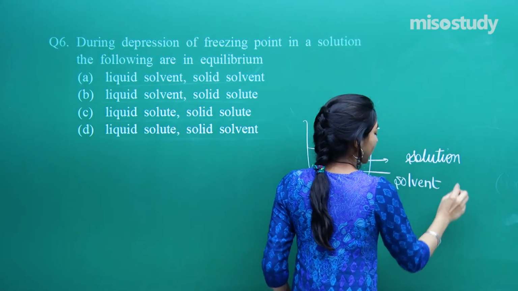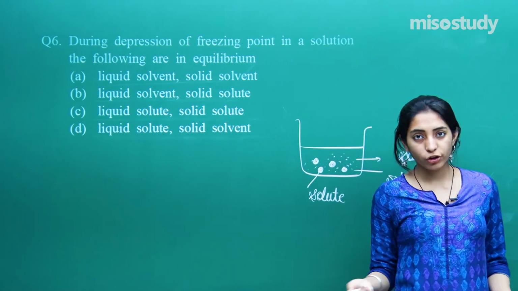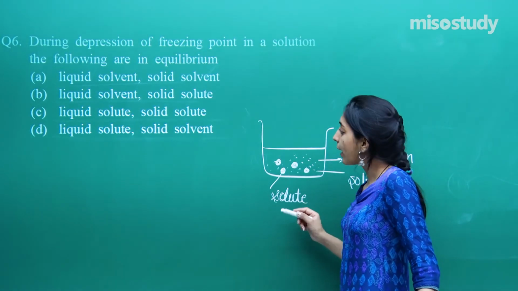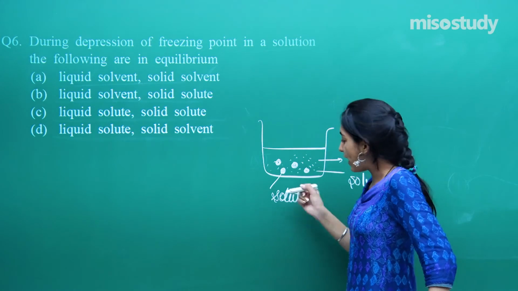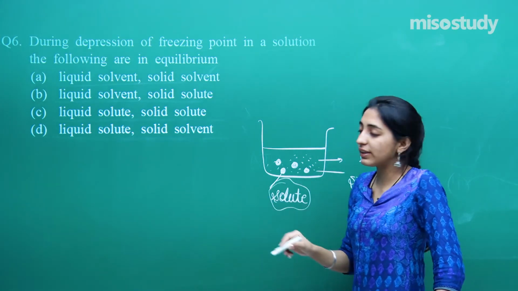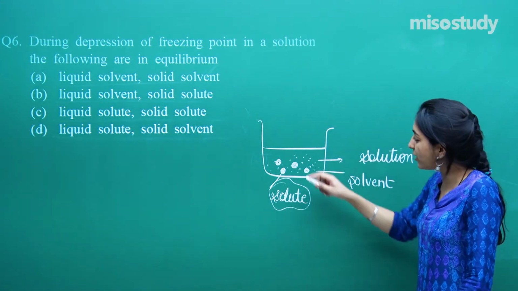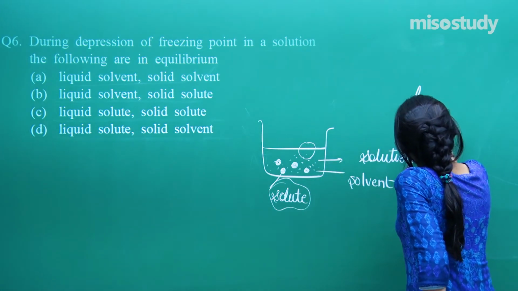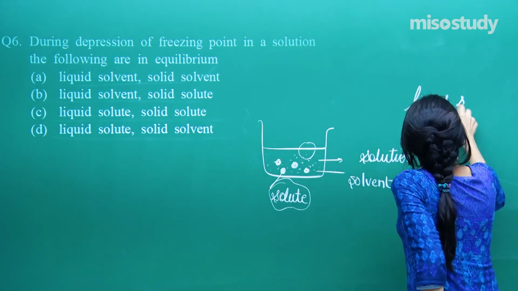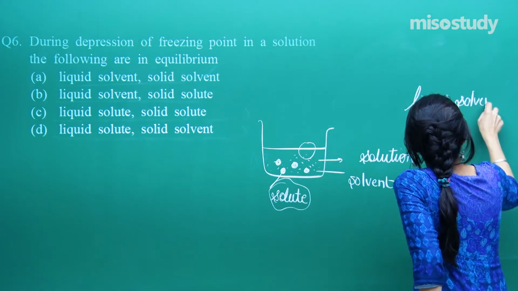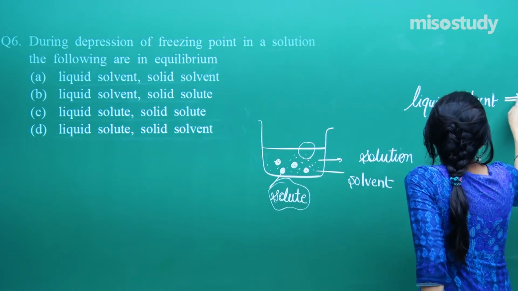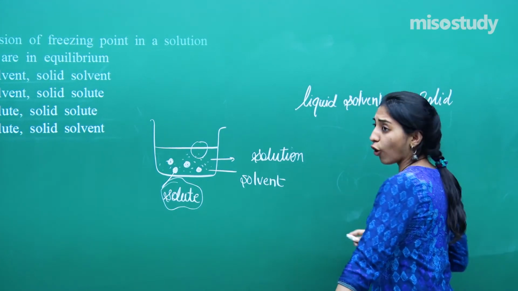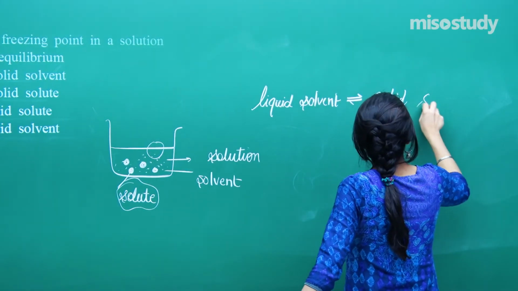So you can say that you have an aqueous solution of NaCl, where NaCl is a solute and water is a solvent, and you are freezing it. Genuinely we will not be considering the freezing of solute, we will just be saying the pure liquid solvent will now be coming in equilibrium with the solidified solid solvent.